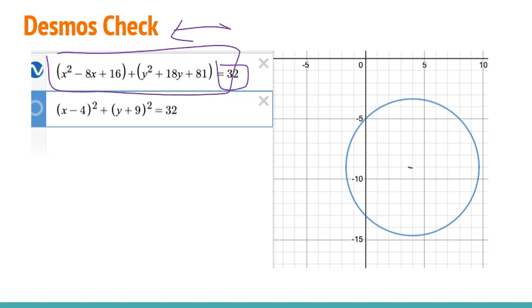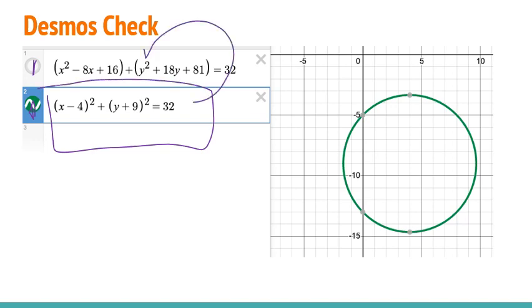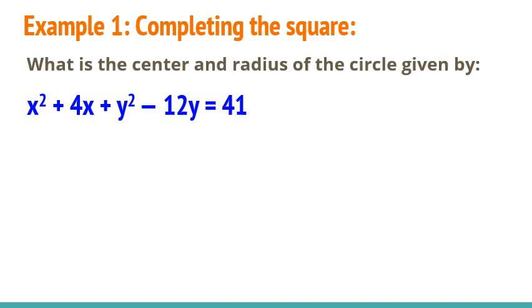I like to plug in both because you're going to see that your answer is correct. You can flip back and forth by turning one of them on and one of them off, and you can see that your answer is correct because you've turned it into the correct form when you started with this form.